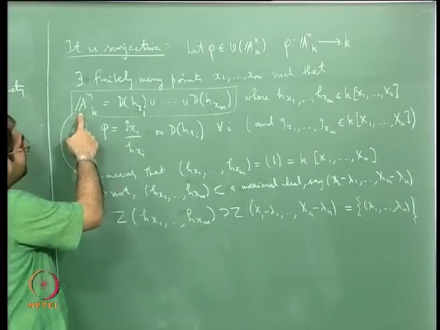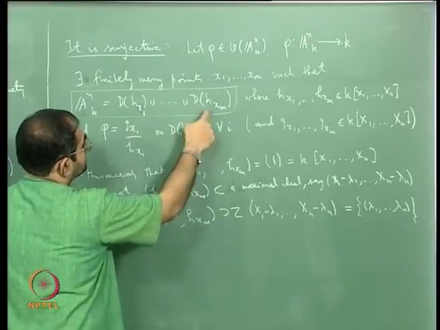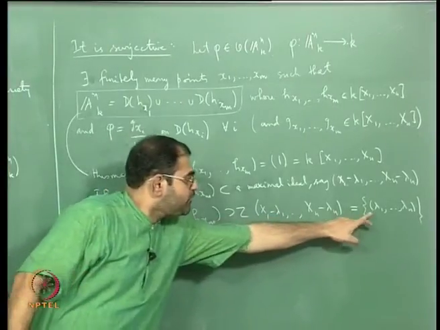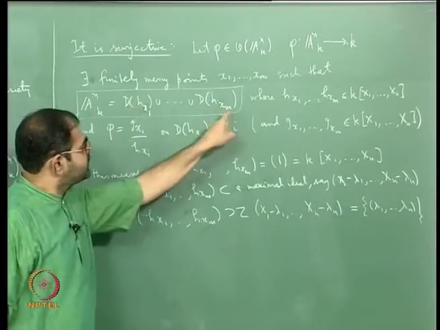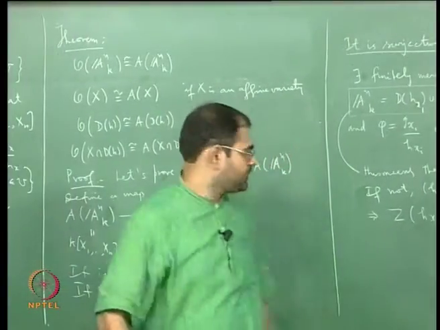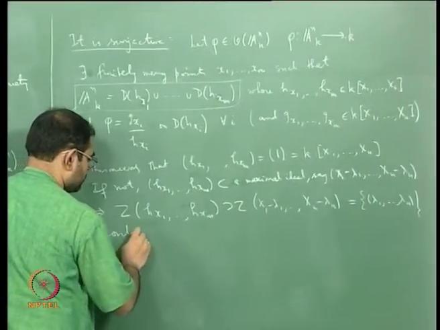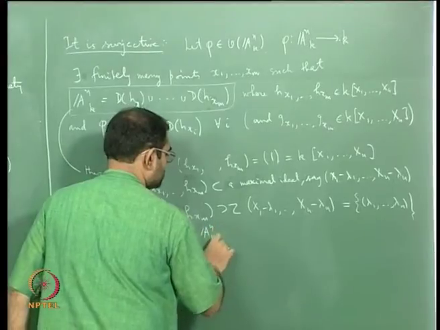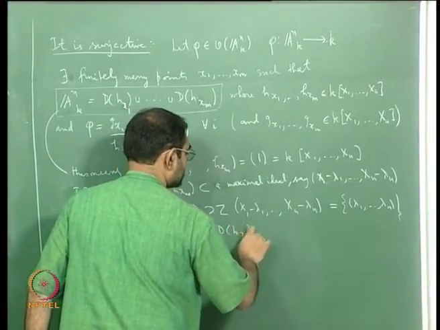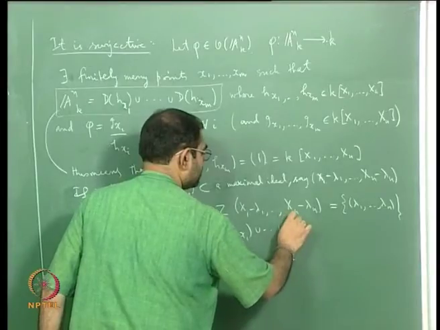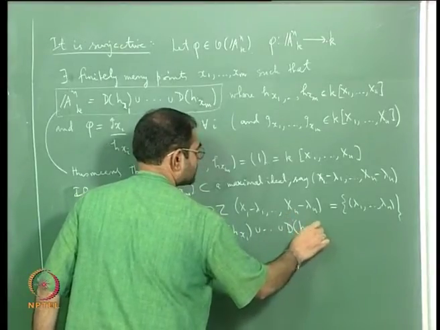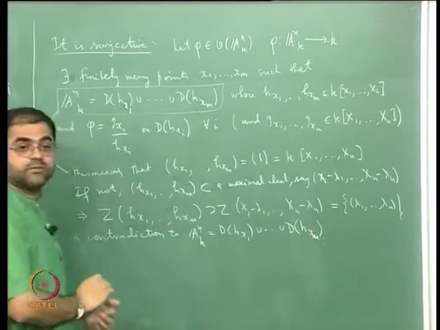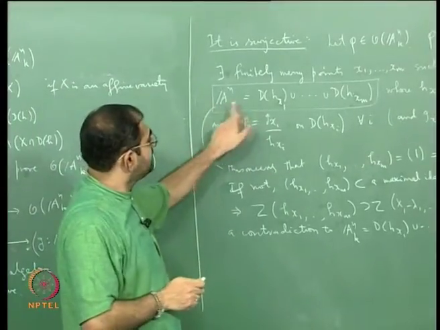And by definition every point here has to be contained in some locus where a certain h doesn't vanish, but then you are saying that I have been able to find a point which is not in any of these. Okay, it's a contradiction. A^n is equal to D(h_x1) union ... D(h_xm). Okay, right.